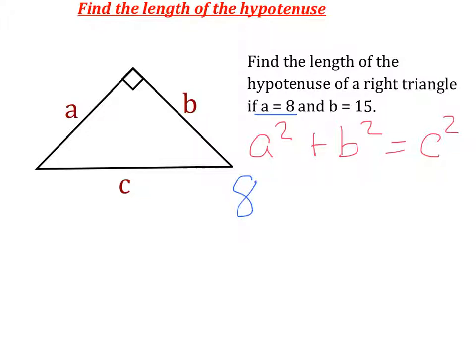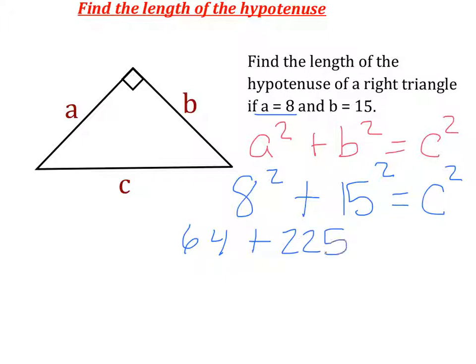So we have 8 squared plus B squared, which happens to be 15 squared, equals C squared. So we have 64 plus 225 equals C squared. At this point, it's helpful to have a calculator as we solve this. So we get 289 equals C squared.